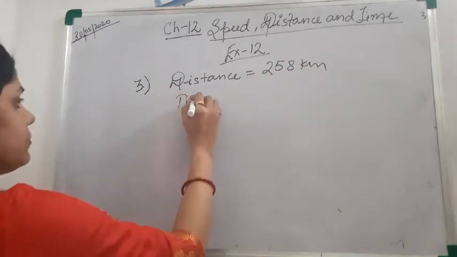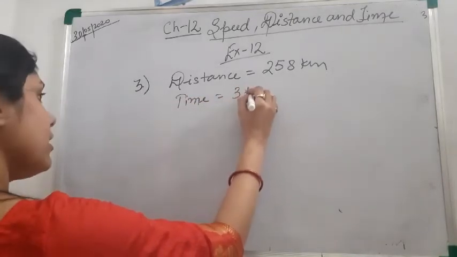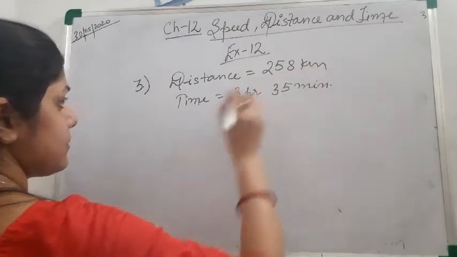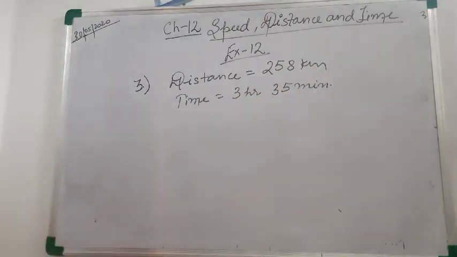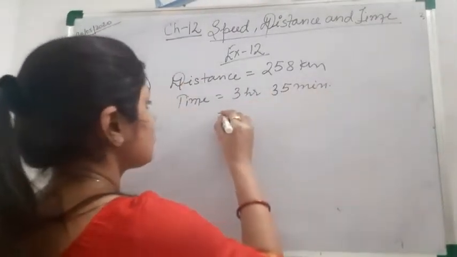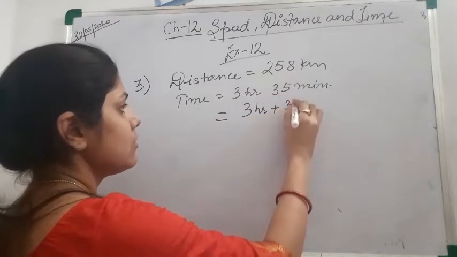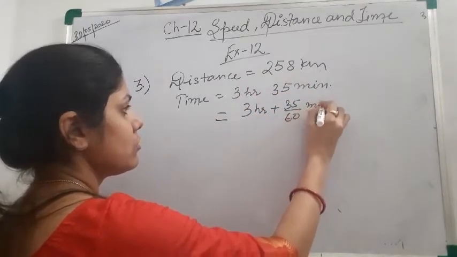Time is equal to 3 hours 35 minutes. First of all, we will convert this into hours: 3 hours plus 35 upon 60 hours.